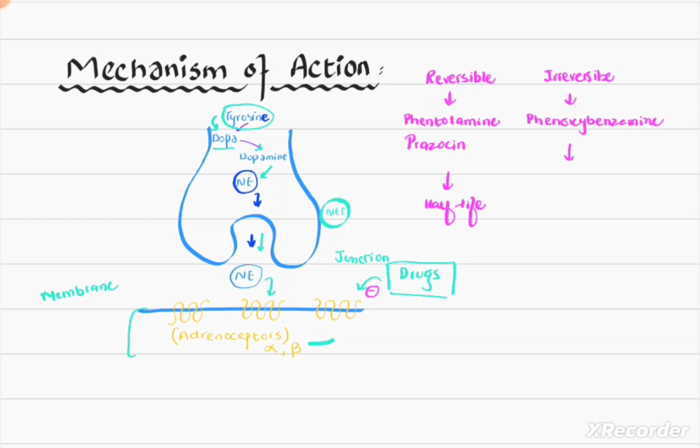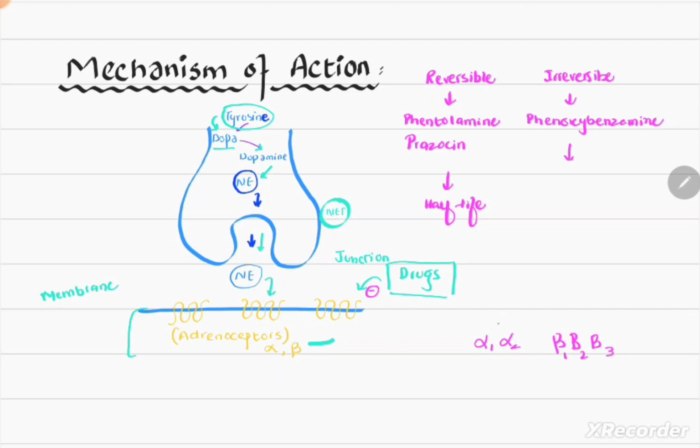Now we will move towards the pharmacological effects of the adrenergic antagonists. First, we will discuss the alpha receptor antagonists. As we know, there are two kinds of alpha receptors, alpha 1 and alpha 2, and we have beta 1, beta 2, and beta 3.